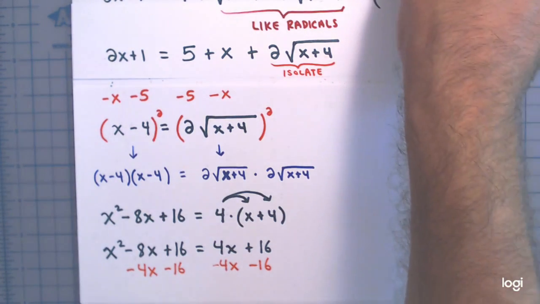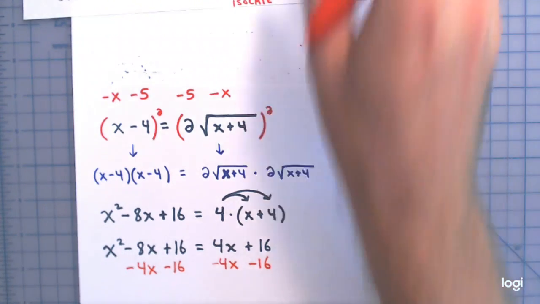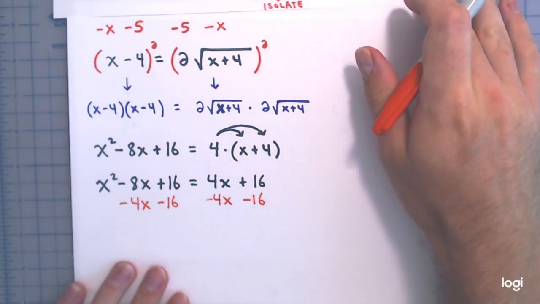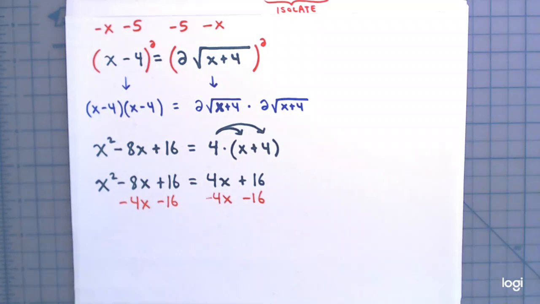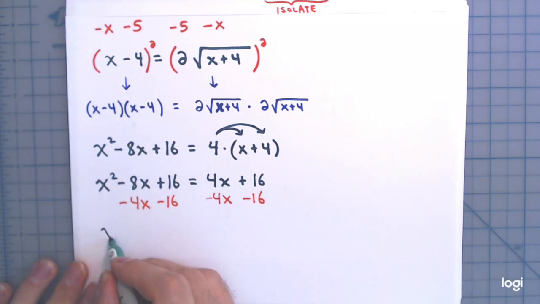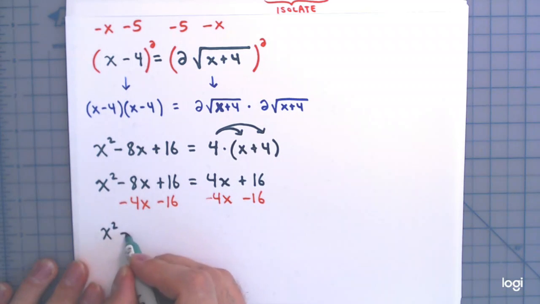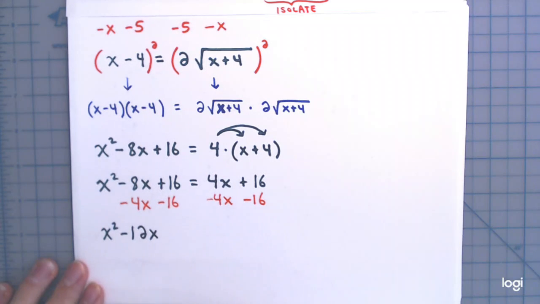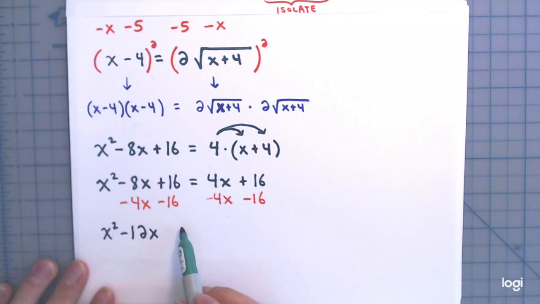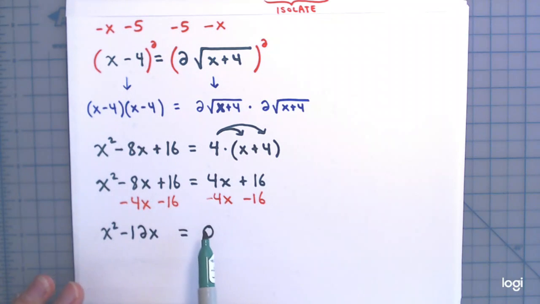And we're getting a pretty nice looking quadratic equation here. The left side we have x squared minus 12x, and that's it, 16 minus 16 is 0, equals 0. So everything on one side, 0 on the other.